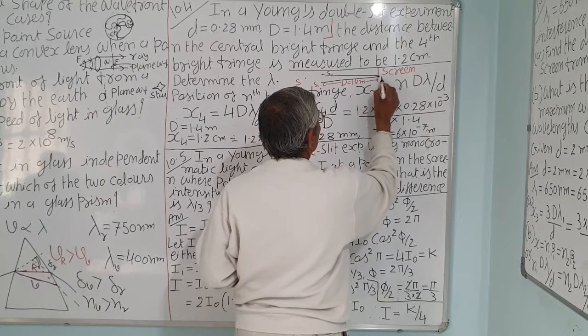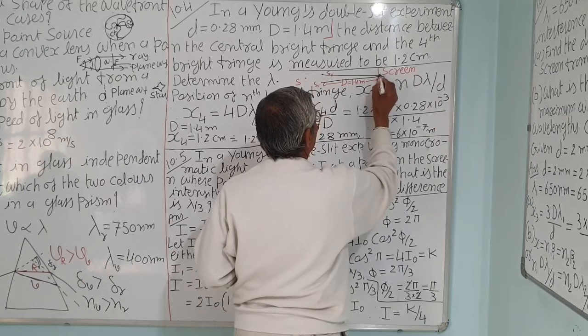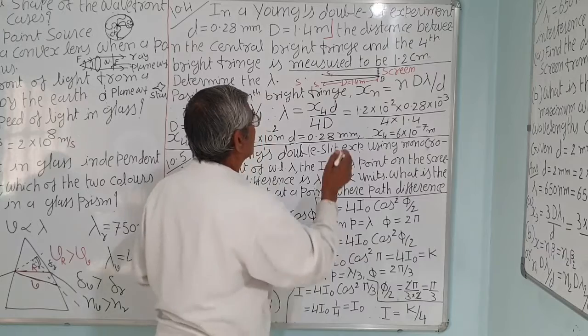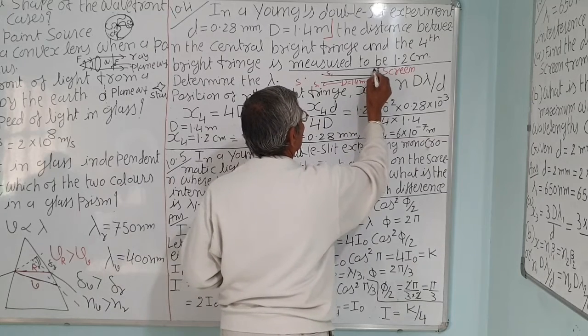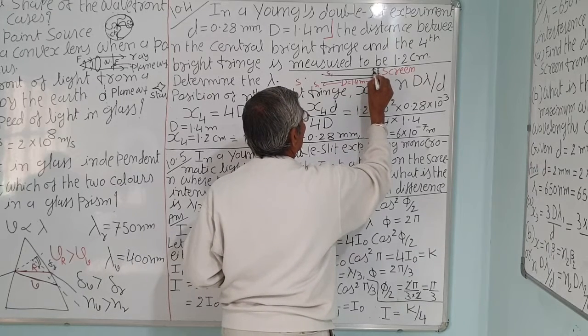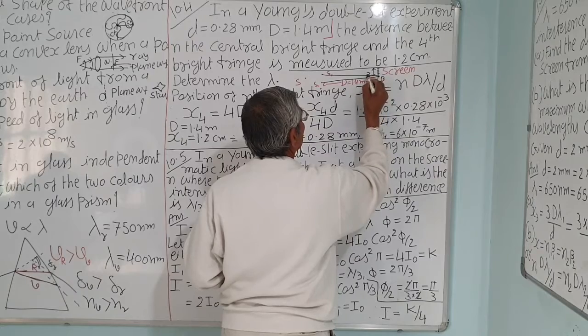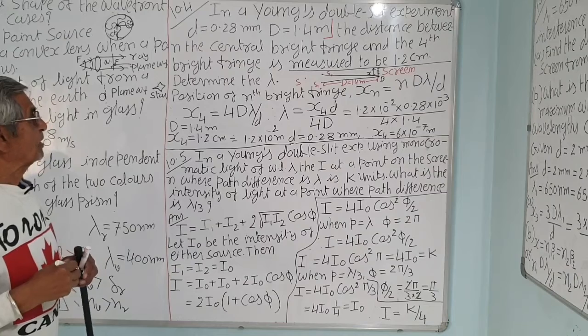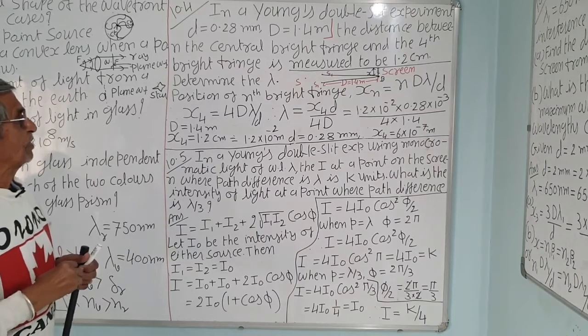This is the bright fringe. Then after you will see one dark, then bright. Say this is the first bright, this is the second, this is the third, and the fourth bright fringe. That distance x is 1.2 centimeter. Determine the lambda. Correct?